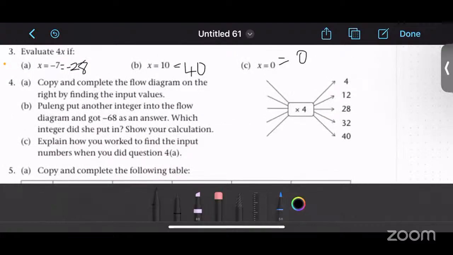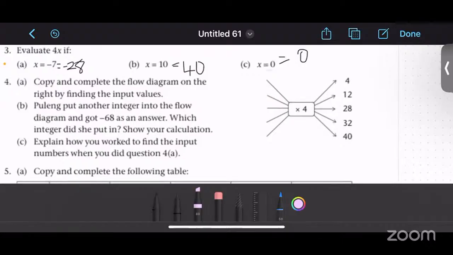How do you think we're going to find the first input value? Ma'am, we're going to divide the output by the rule. 4 divided by 4 equals 1.